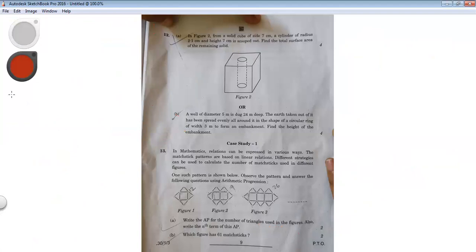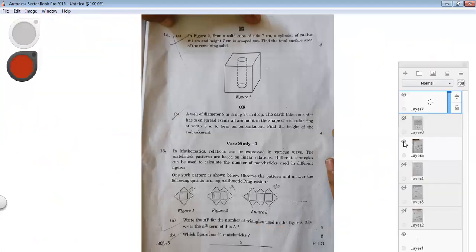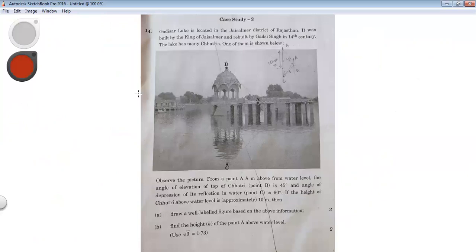Now let's move to the last case study. Observe the picture: from a point A, h meters above the water level, the angle of elevation. This is the figure.